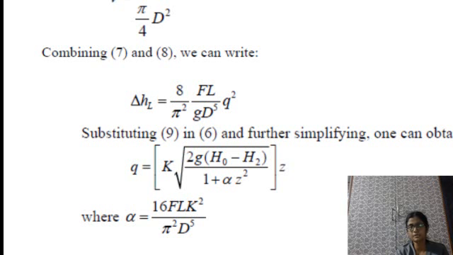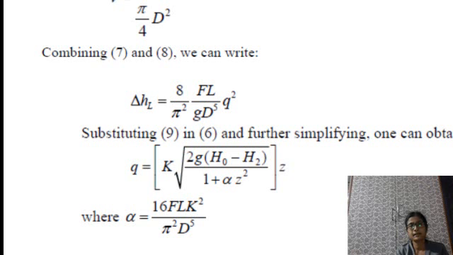From Bernoulli's principle, Q is proportional to some constant times root of 2g, the pressure head difference H0 minus H2, and since delta HL is the head loss due to fluid velocity, that is another loss: not only H0 minus H2 but minus delta HL, into z.